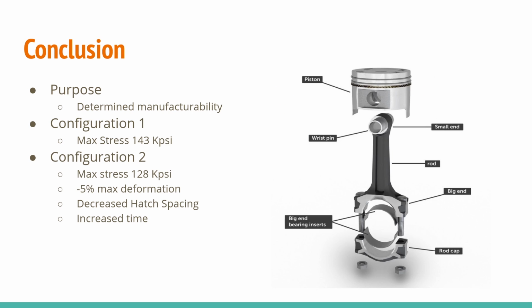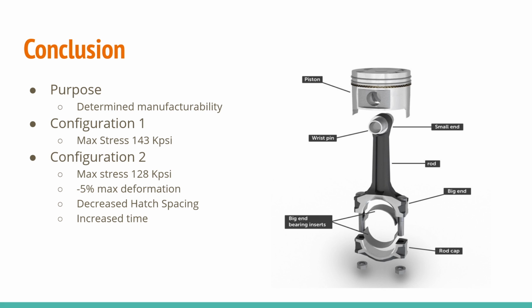So in conclusion, the purpose of our ANSYS analysis was successful because we did determine that this piston rod can be manufactured through this method. Some key things to note is that in configuration 1 of the selective laser melting machine settings the max stress is 143,000 psi.